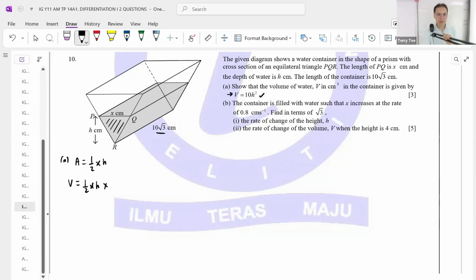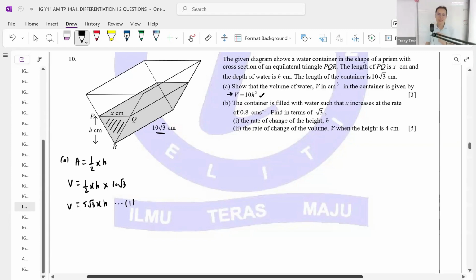What's the length? 10 sec 3. That gives us 5 sec 3 xh. So here's the problem, guys: your answer has x and h when I need it to be only in terms of h. So we define the relationship between x and h. We know it's equilateral. Equilateral means what? This angle is what? 60.